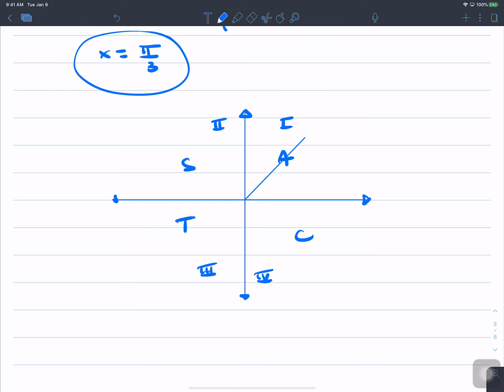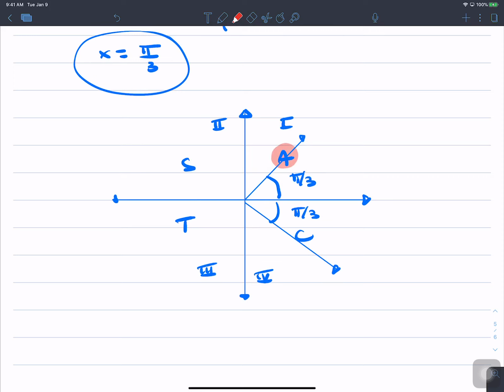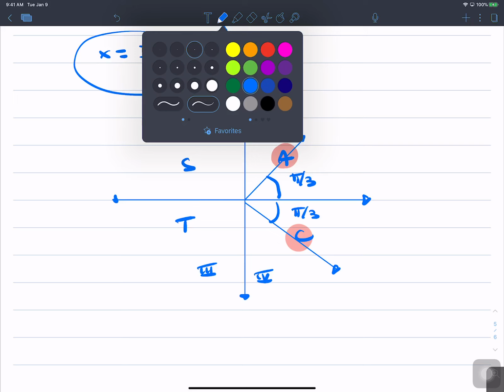So what this means is here's my first angle, pi over 3. And here's that second angle, pi over 3. This is where cosine's positive, right? So all students means, and then takes calculus, quadrant 1, quadrant 4, cosine's positive.